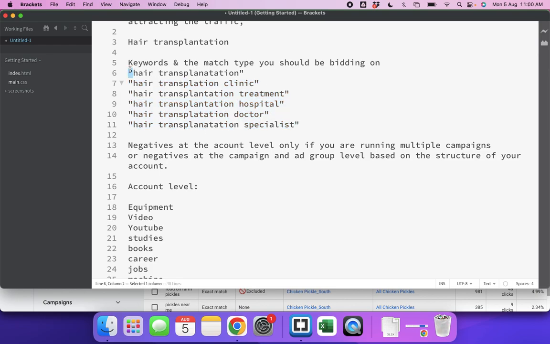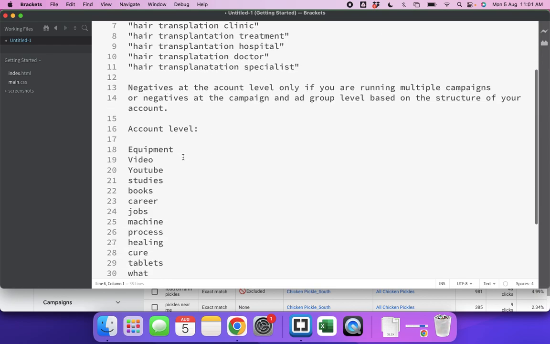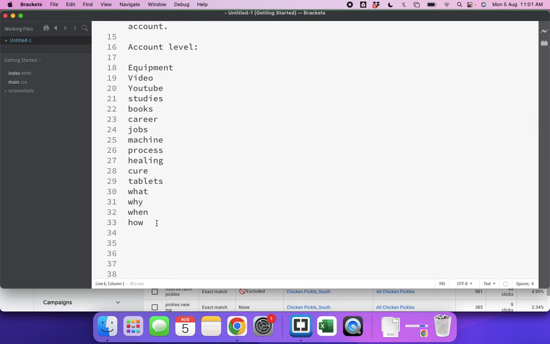If you're bidding on this first keyword, you don't have to add these many keywords, right? Because after transplantation, clinic is there, treatment is there, hospital, doctor, specialist, everything is there, correct? So you can very well eliminate this. Maybe. Okay, so something like this. You all got it right.